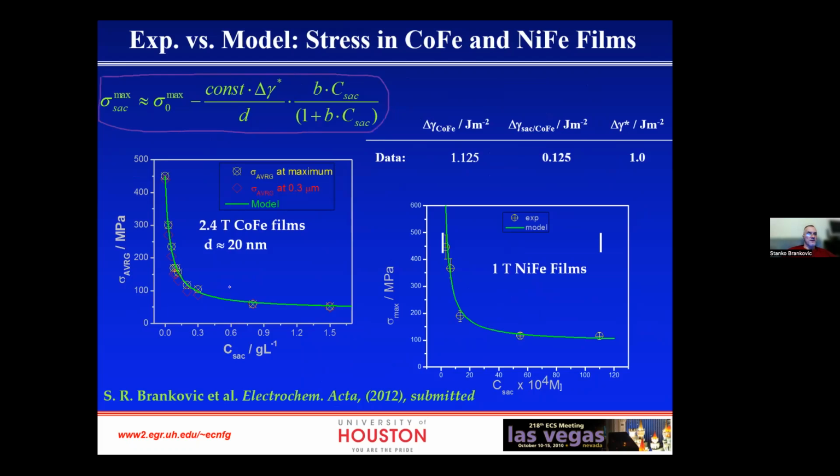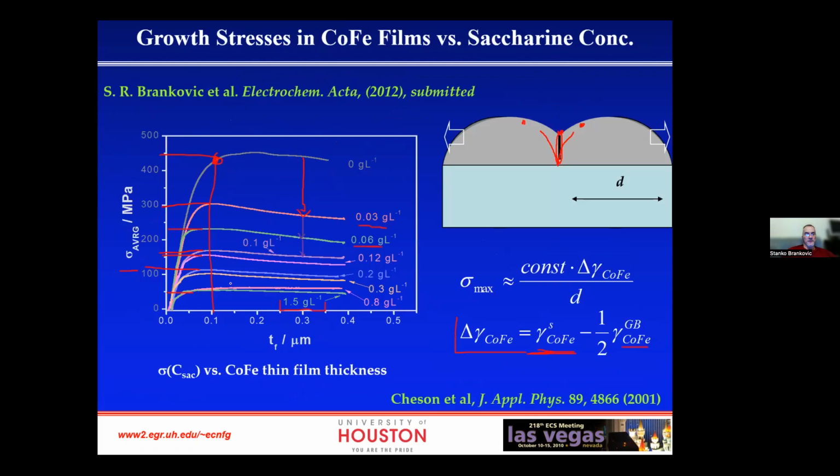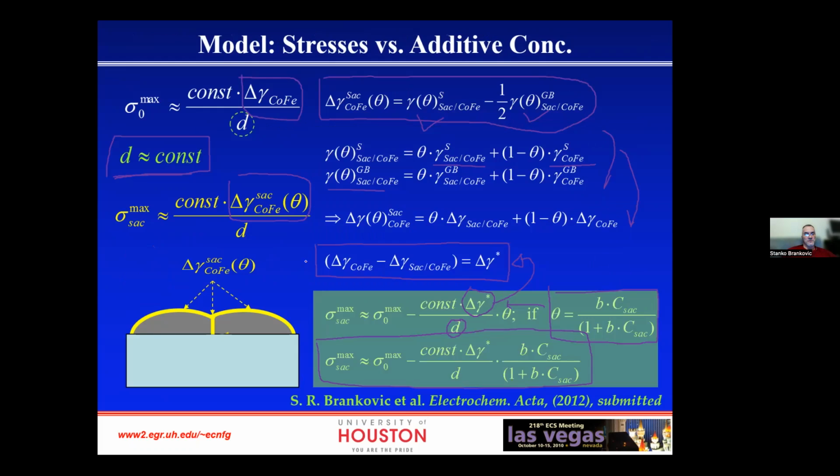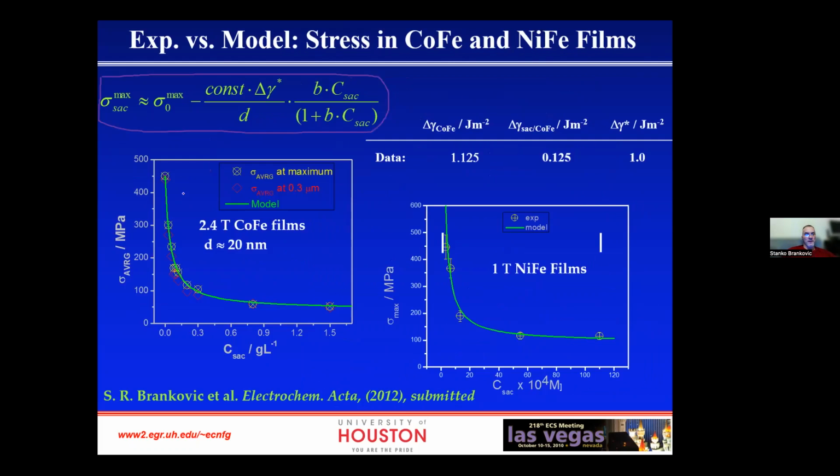But interestingly enough for us, if you look at this data, if we measure these maximum stresses and we plot them as a function of the saccharin in the solution, this is what you get. This is also very well aligned if we are not looking at the maximum, but at some thickness, 3 microns, because the stress doesn't really change as the film gets thicker once the thickness is greater than 100 nanometers.